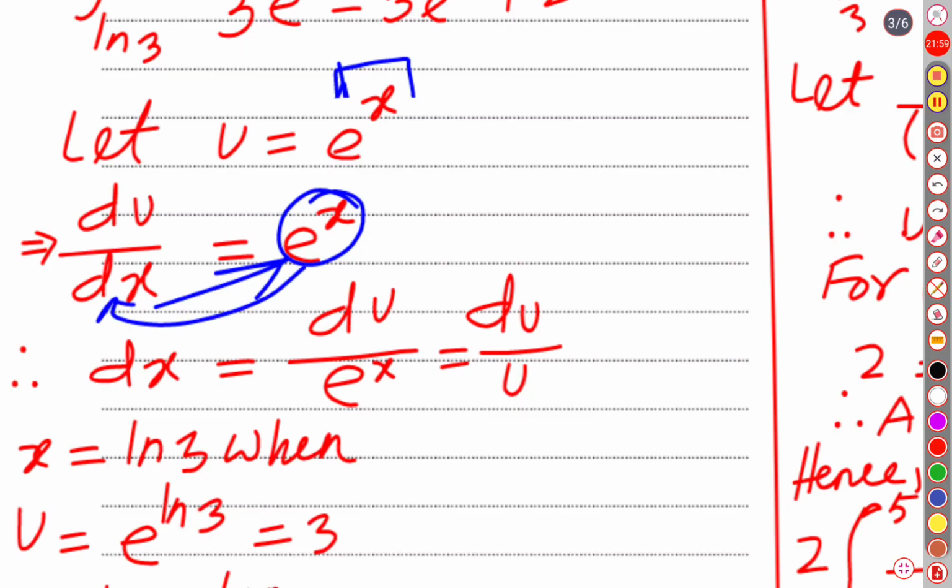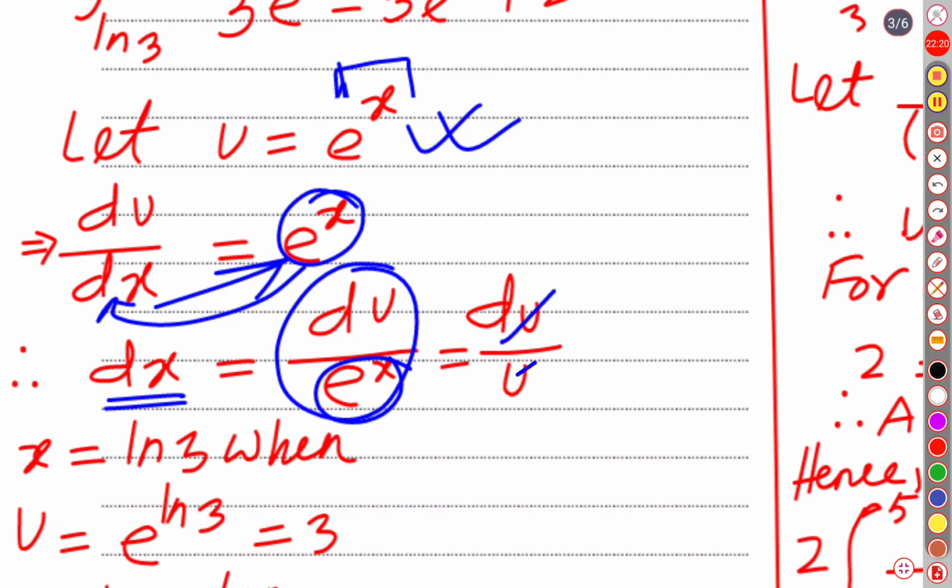So dx is equal to du over e raised to x, and e raised to x is actually our u. So we have written du over u. Don't get confused that we can cancel this u by u. That is absolutely wrong, not at all, because this is the derivative of u, and this is only the function.